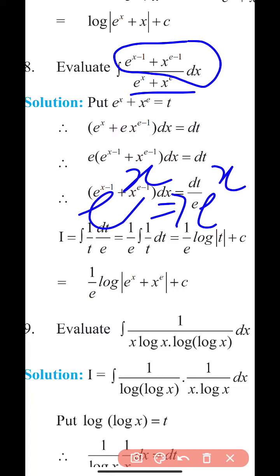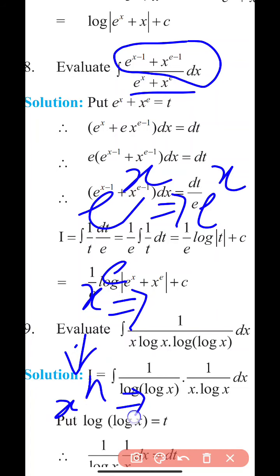Again I'll search for x raised to e, that has derivative similar to x raised to n, which is n x raised to n minus 1. So here it will be e x raised to e minus 1.